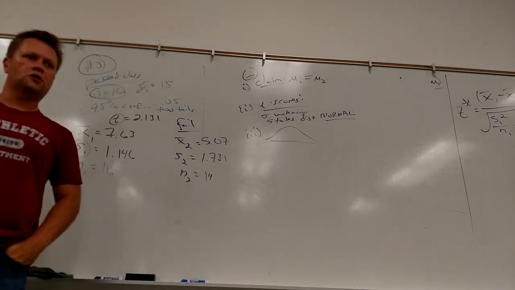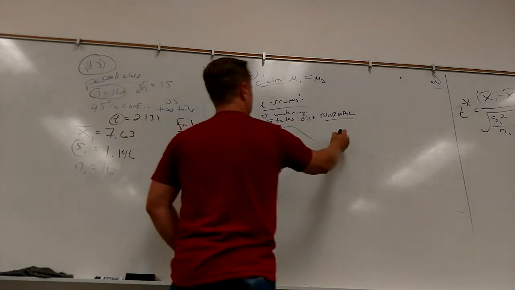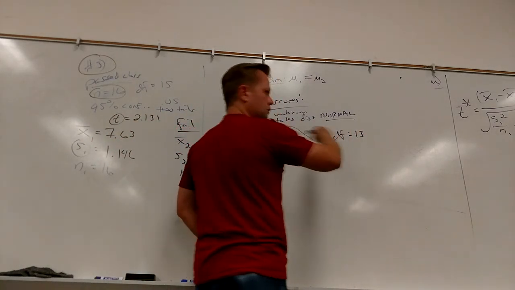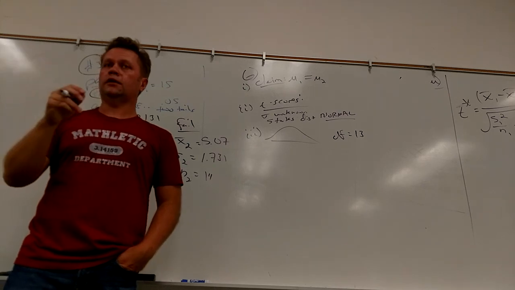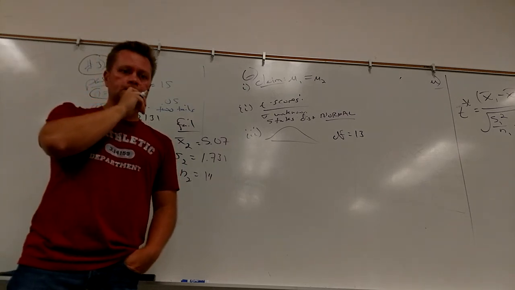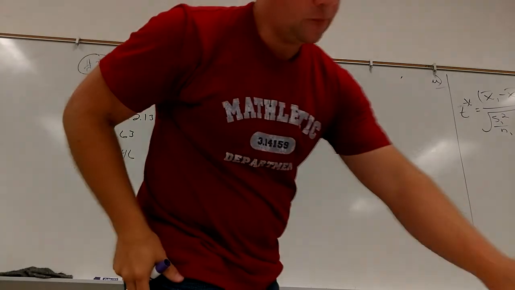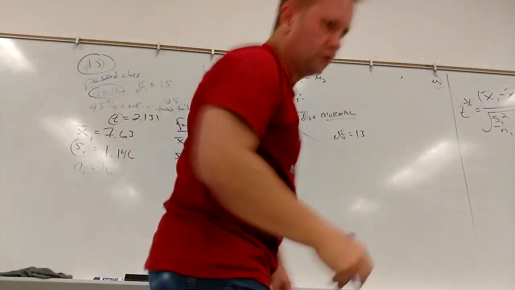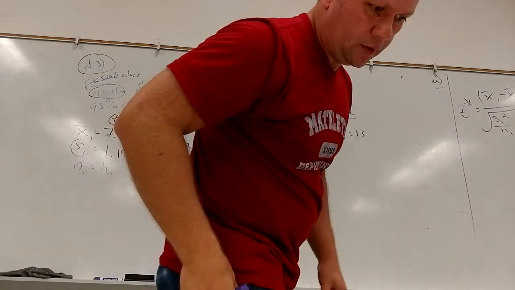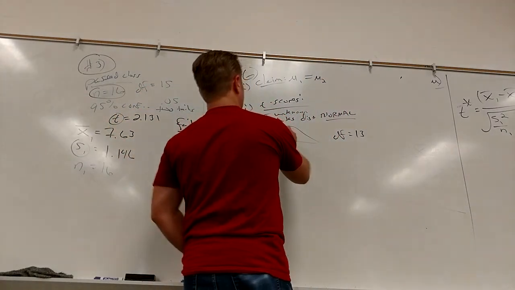So the degrees of freedom in this case would be 13. Wait, use the smaller sample? Yes. Okay. I like it. And I think that was, here it is, 2.16.